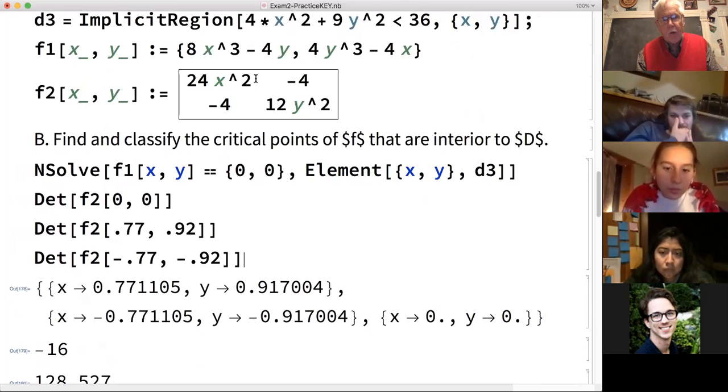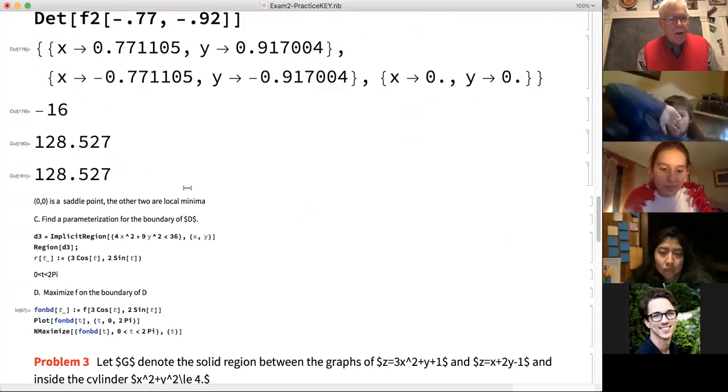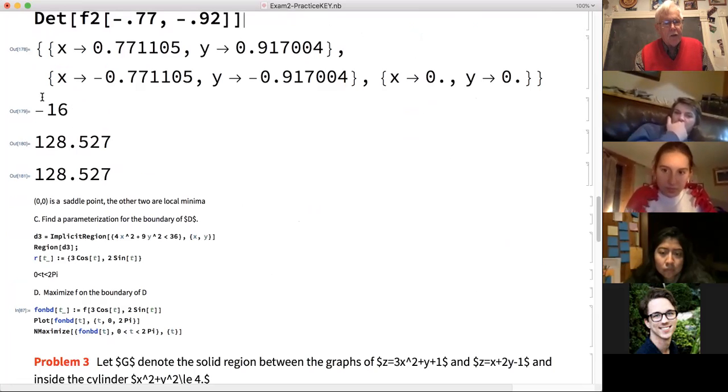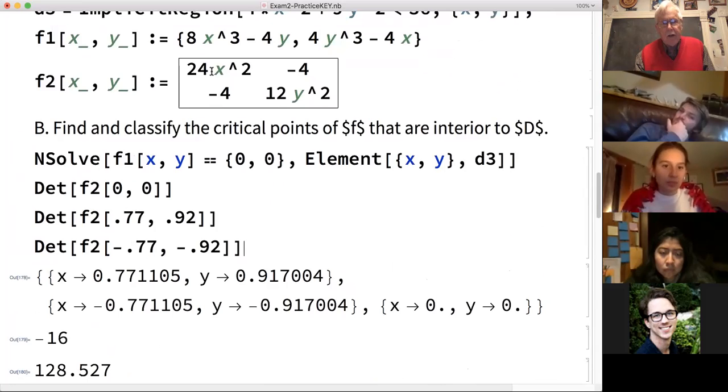So this is always positive, and this one's always positive. So these are always concave up. And this 128 says that the concavity is consistent, is what this is telling you. This tells you concavity is inconsistent at 0, 0. So sometimes it's up and sometimes it's down. That's why it's a saddle point. These two tell you that for the other 2 points, the concavity is consistent and positive. So these are both minima.